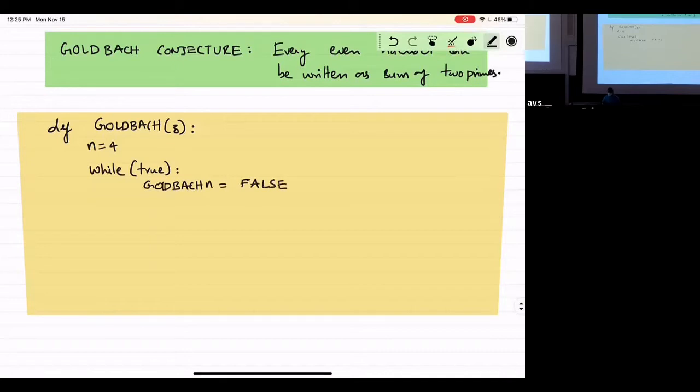And what I'm trying to illustrate is that here's a short program, about 10 lines. The program halts only if Goldbach conjecture is false.